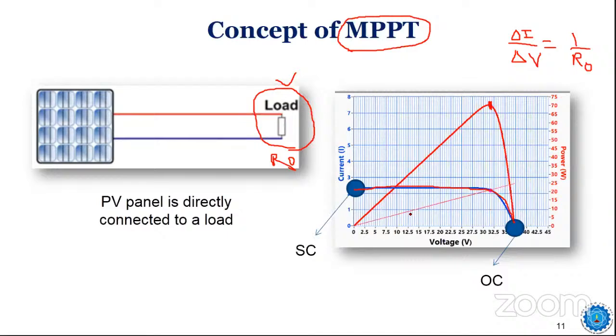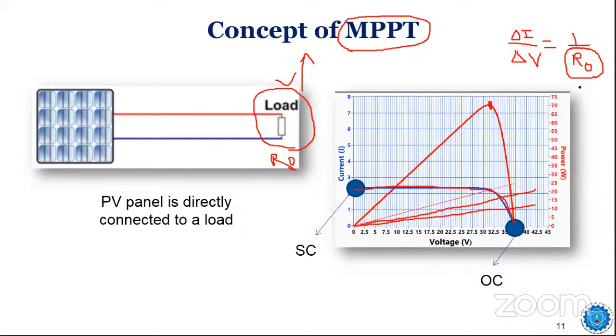So if I try to increase the load resistance in this type of system, what will happen? The load will gradually increase, so this load line will shift to a new point. As you go on increasing the load, you will see the load line gradually shifting towards the right.